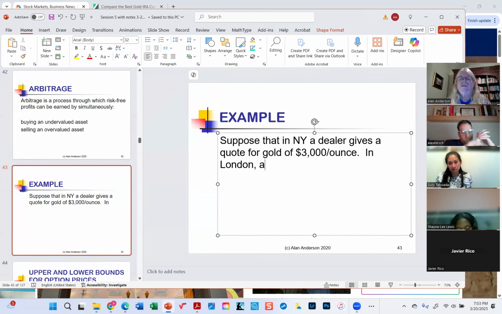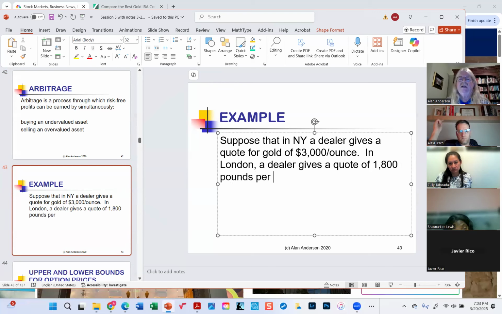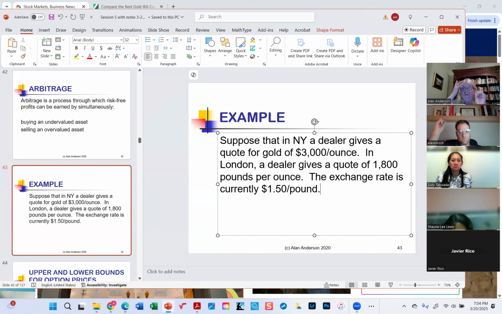In London, a dealer gives a quote of, let's say, 1,800 pounds per ounce. The exchange rate is currently $1.50 per pound. Fine. So what's the big deal?